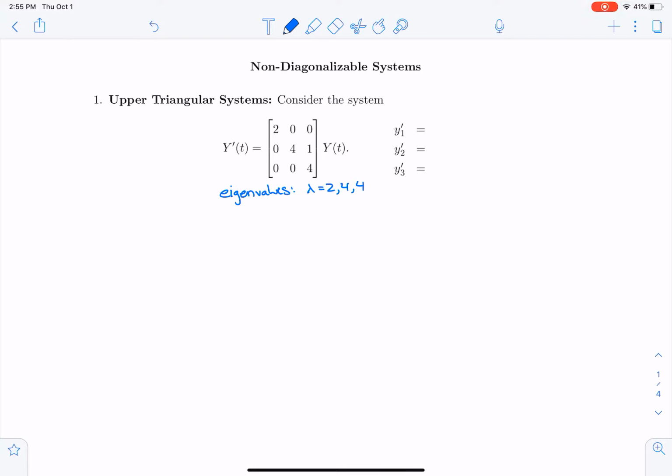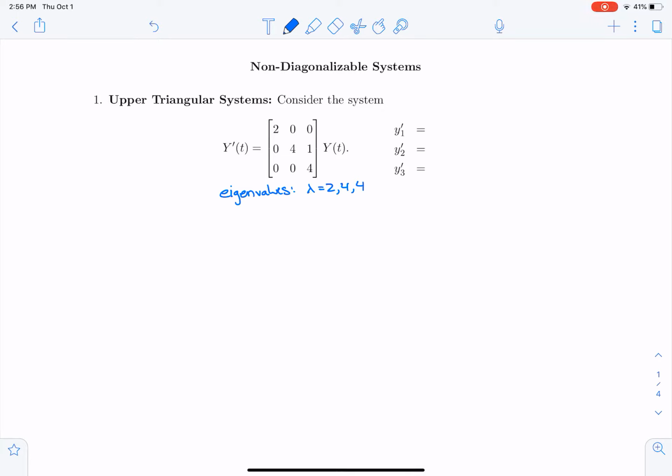But there is no eigenvector to correspond to the second repeated eigenvalue of lambda equals 4. So there are only two linearly independent eigenvectors for this particular matrix. So what we'd like to do is to solve this upper triangular system using techniques that we already know.